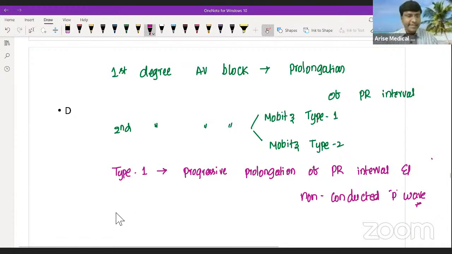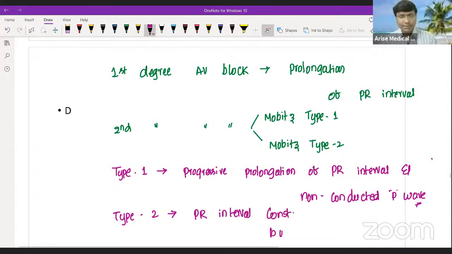And in Mobitz type 2 AV block, the PR interval is constant, but there is intermittent non-conducted P wave. That is Mobitz type 2 AV block.